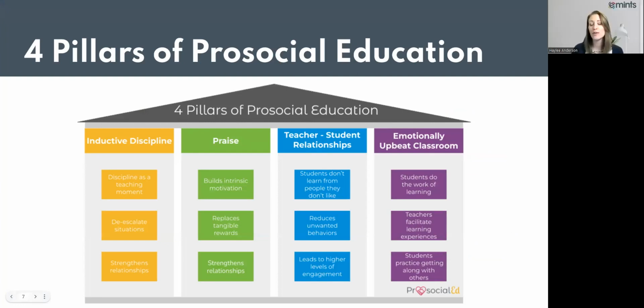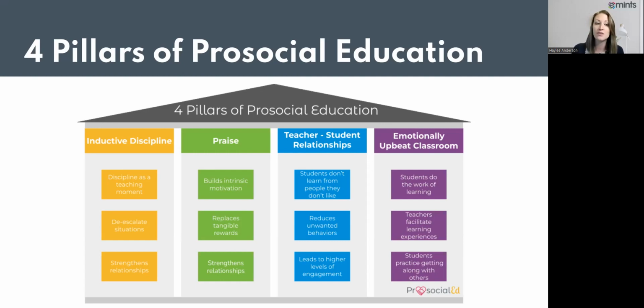So the 4 most major pieces, or pillars, of prosocial education include inductive discipline, praise, teacher-student relationships, and the emotionally upbeat classroom. And this can look a little bit different in every classroom. It's really not a one-size-fits-all. It's not a curriculum. It's humanizing everybody in the classroom.